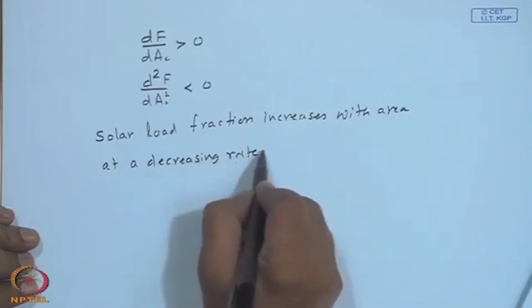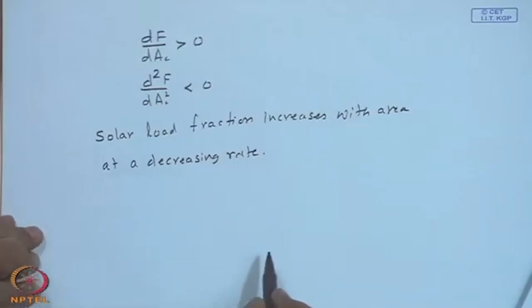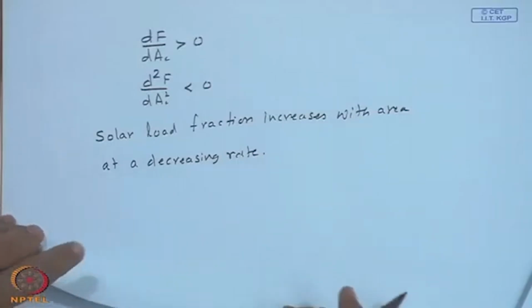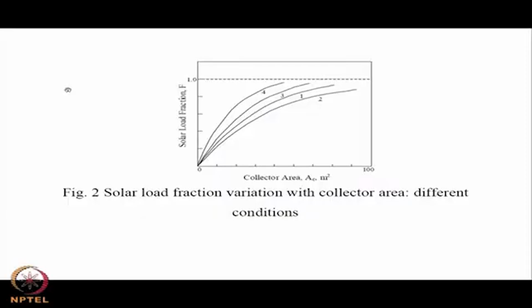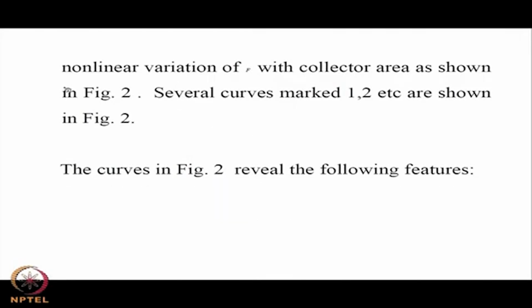That is the physical meaning of the first derivative being positive and the second derivative being negative. So, first of all, it is nonlinear. The reason for nonlinearity is expressed. So, we have marked the curves as 1, 2, 3, 4 like that.